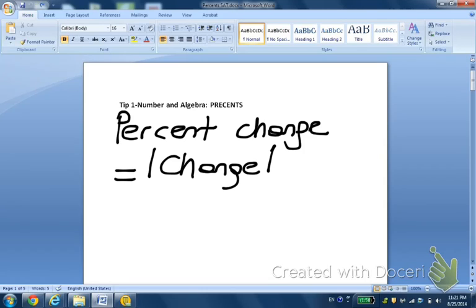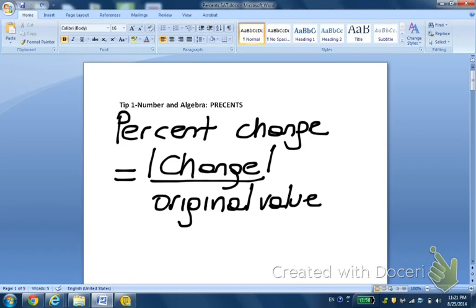But by putting the absolute value here, you always get a positive answer. So it's the change over the original value all times 100.